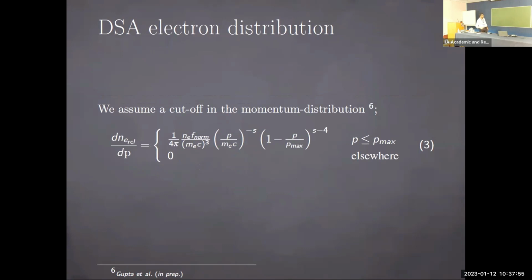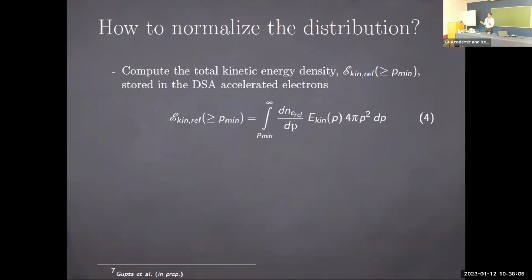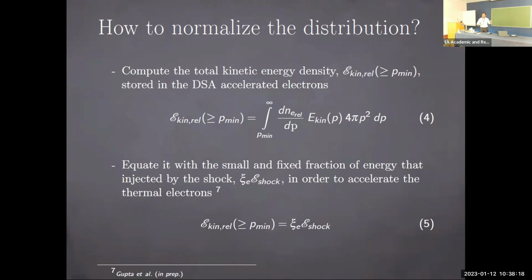But now the point is how to compute this normalization constant. The simplest possibility is to compute the total kinetic energy present in the relativistic electrons within some range, let's say p minimum to some p maximum, and equate it with the energy deposited by the shock to the thermal electrons to get accelerated to high energies.